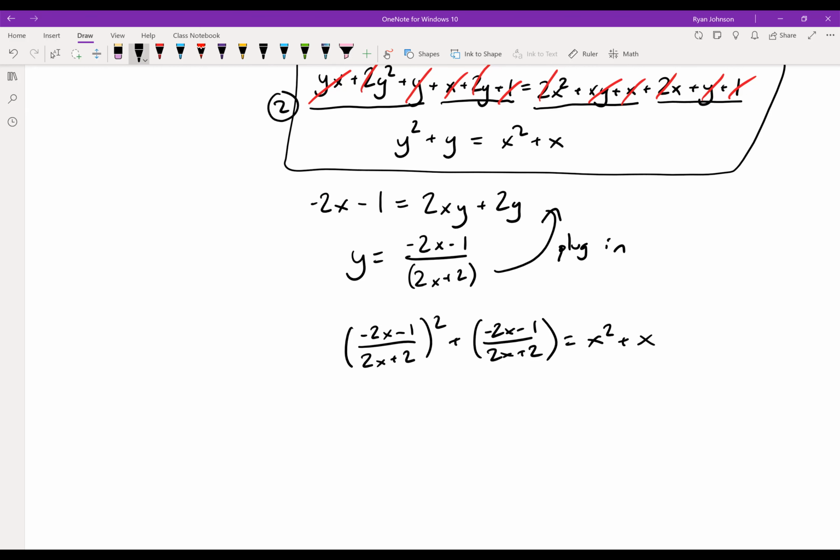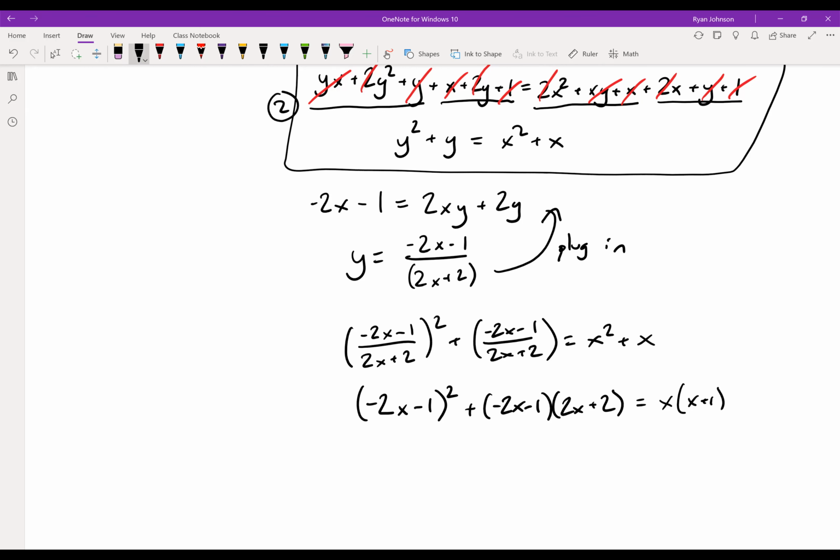I can multiply by, let's see, x plus 1. If I multiply everything by 2x plus 2 squared, then I'll be left with negative 2x minus 1 squared plus negative 2x minus 1 times 2x plus 2 equals x times x plus 1.